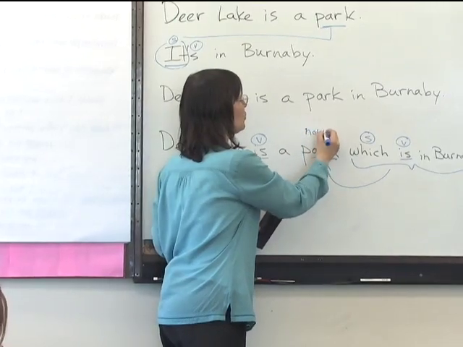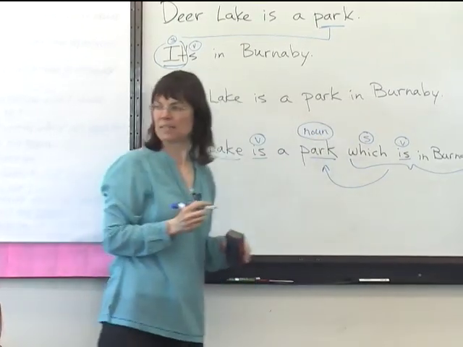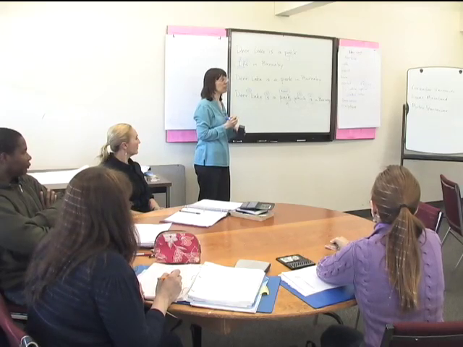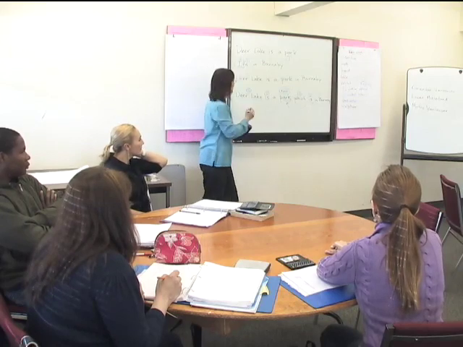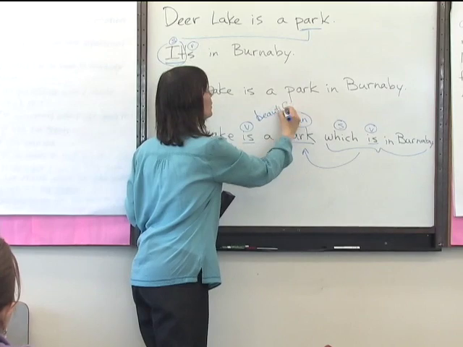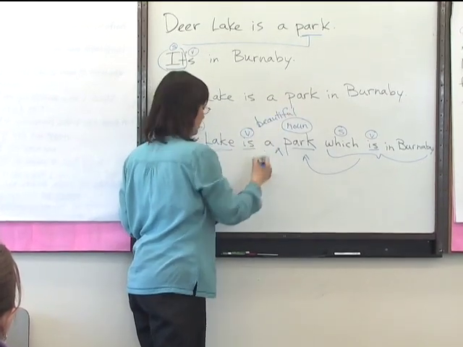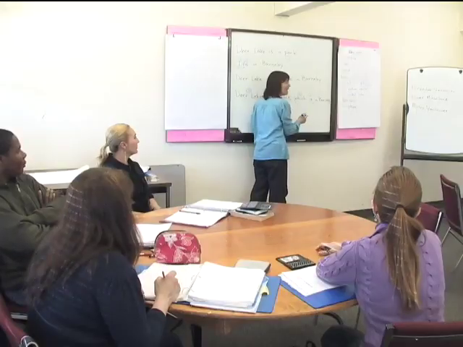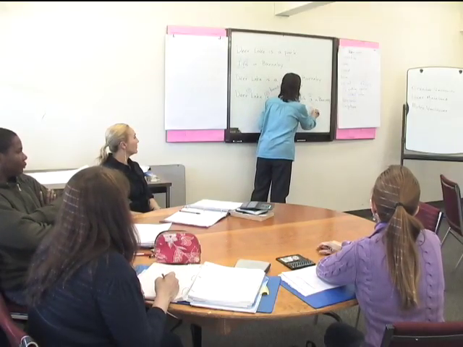What kind of word describes a noun? What kind of word gives information about a noun? If I say, it's a beautiful park. An adjective, that's right. So this clause is called an adjective clause. Exactly, good.